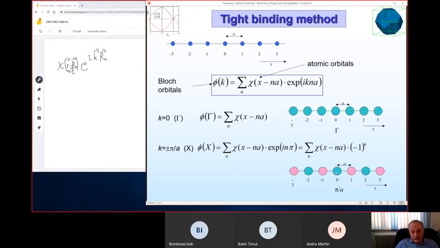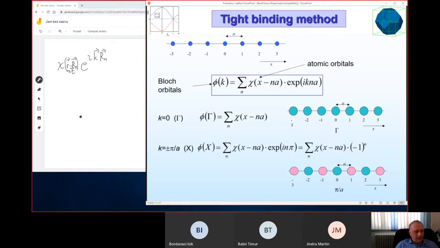And again, if we consider the nearest neighbor interactions only, we see that there are only anti-bonding interactions. The color means the sign of the wave function.